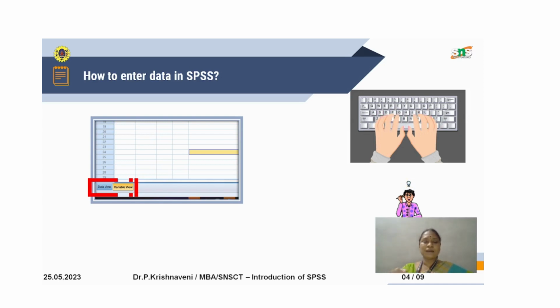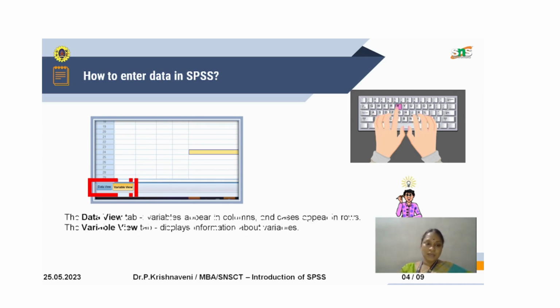The data view is all about the variables which we enter in the columns. In the data view tab, variables appear in the columns, and the cases, for example 801 and all the data, 801's name, 801's score in subject 1 and so on, can be specified in the data view.